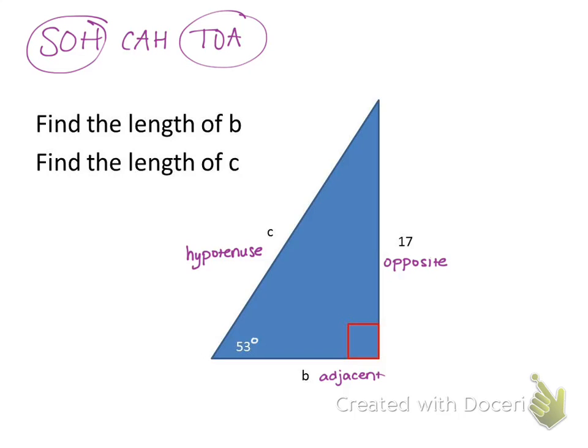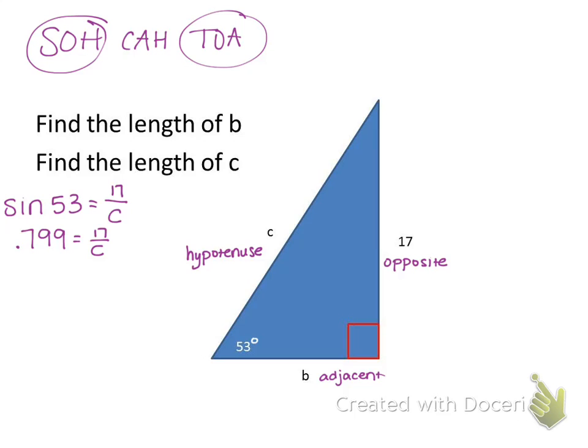So I'm going to do sine of what measurement? 53. Sine of 53 is equal to opposite, which is 17, over hypotenuse, which is C. So let's plug in. What's the sine of 53? 0.799 equals 17 over C. Now, can I replace 0.799 and C?